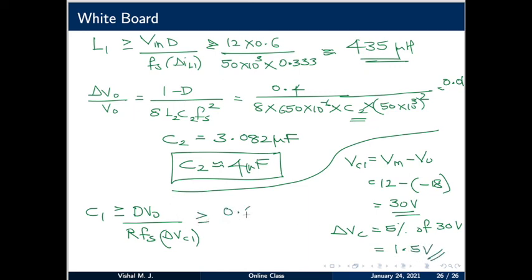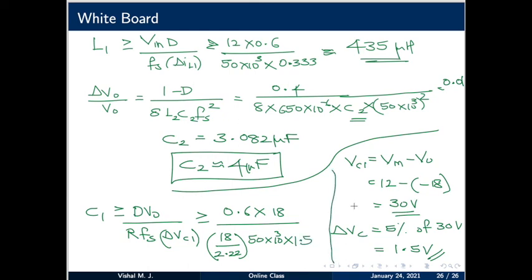D is 0.6, output voltage is 18. What is the load resistance R? We know the output voltage is 18 and the output current is 2.22, so V0 by I0 will be the load resistance. 50 kilohertz is the switching frequency, delta Vc1 is 1.5 volt.